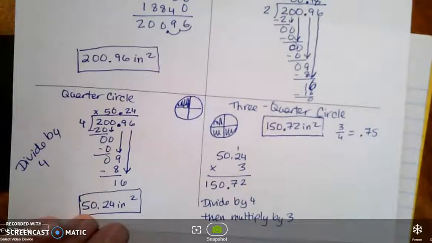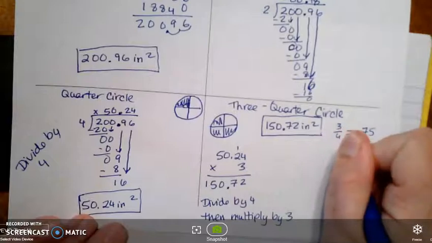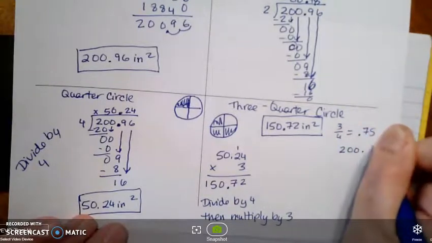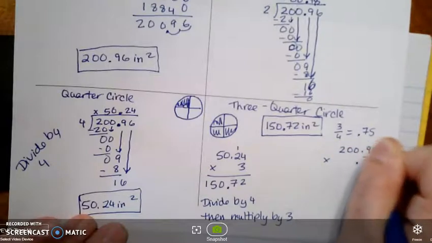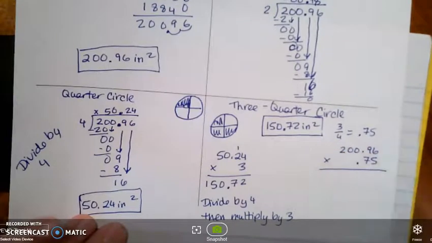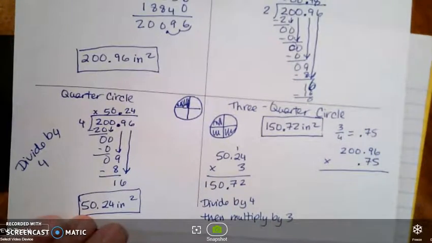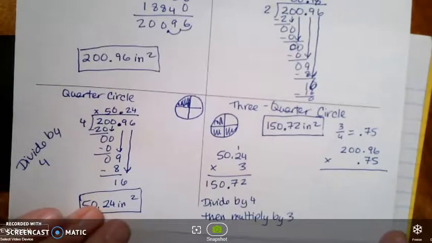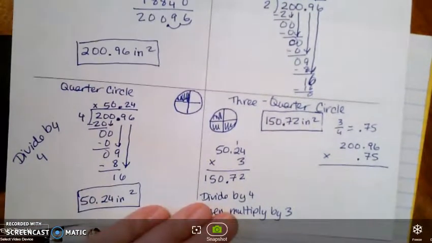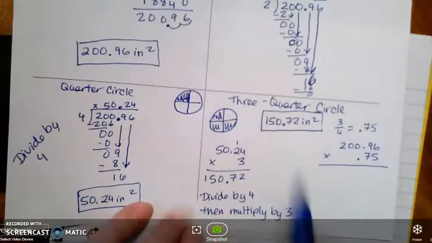So if you wanted to, you could actually multiply this by 0.75. Now this just happens that my decimals are lined up. It does not have to be that way. So now I'm going to multiply this quickly, so hopefully I don't make a mistake and we get this answer.